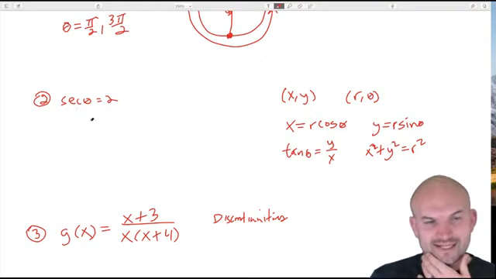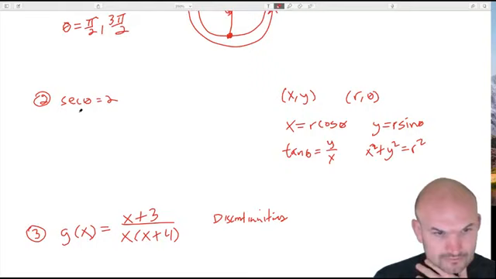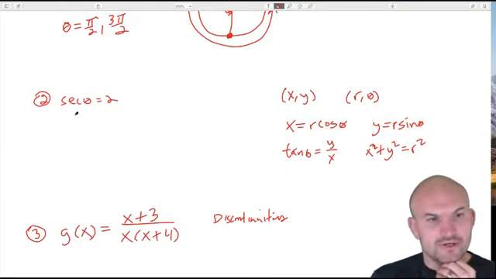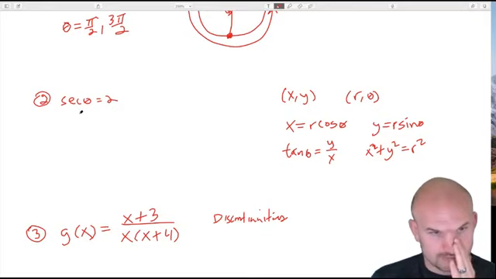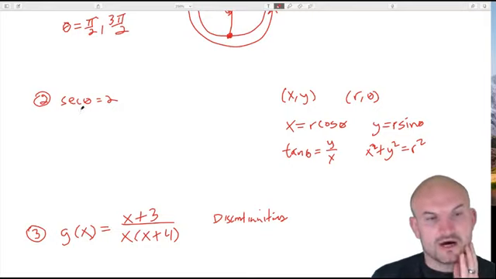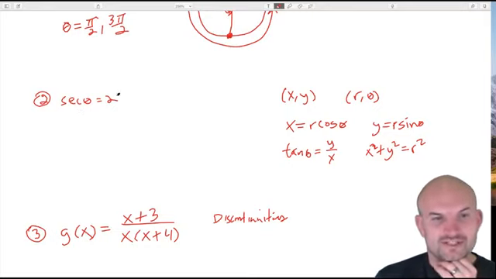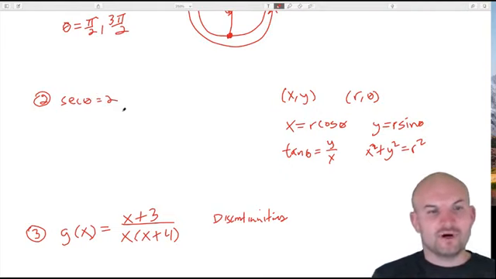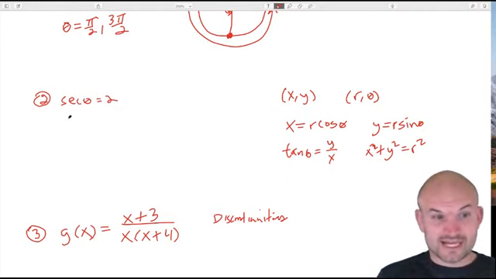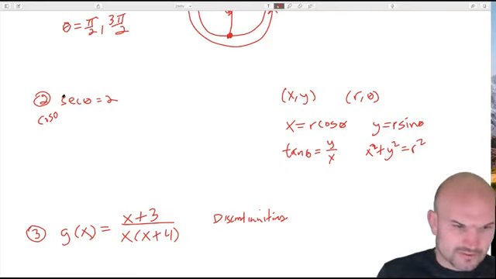So what I recognize here is, what am I trying to do? Oh, if I want to get this into this form, I multiply by cosine on both sides. Let's just write it down here.